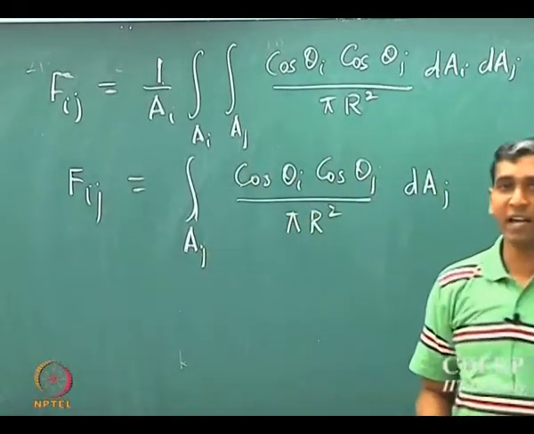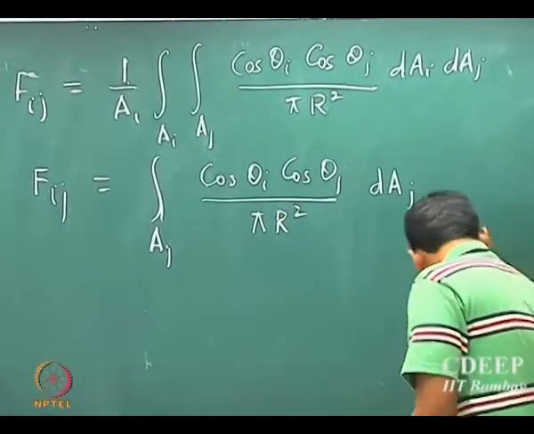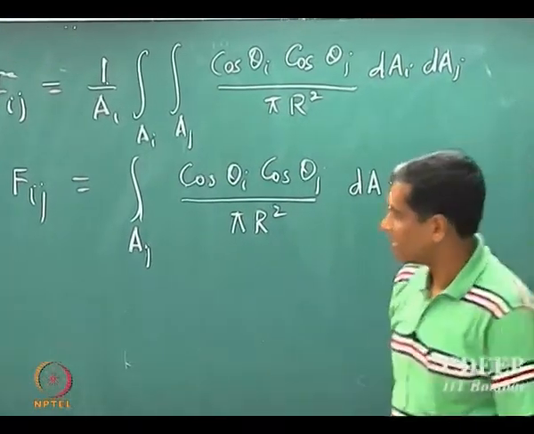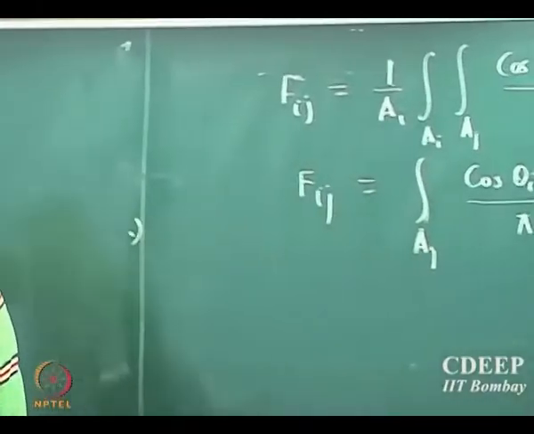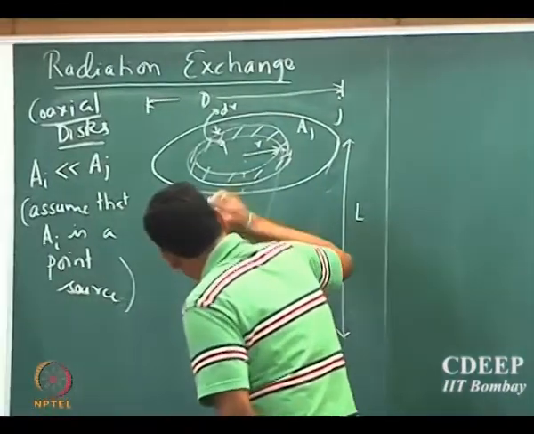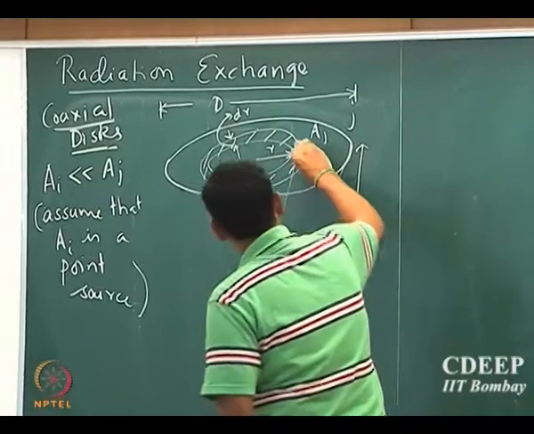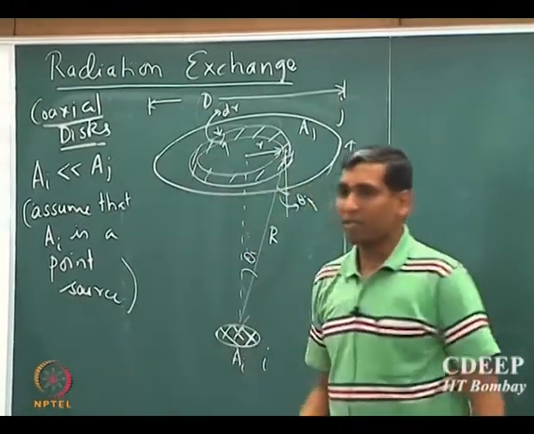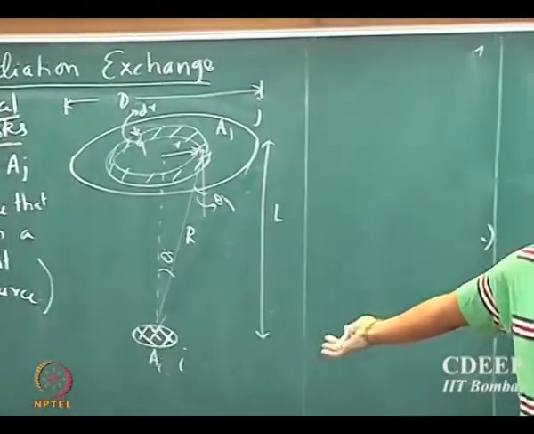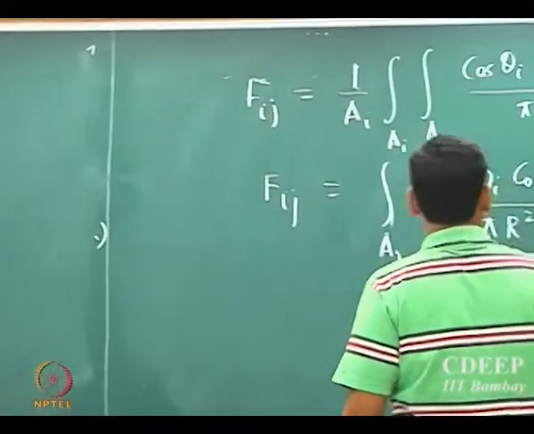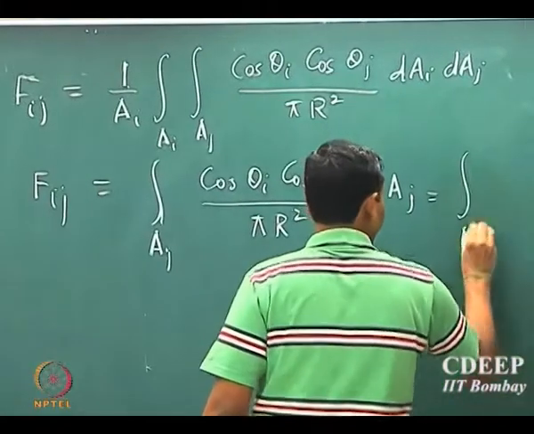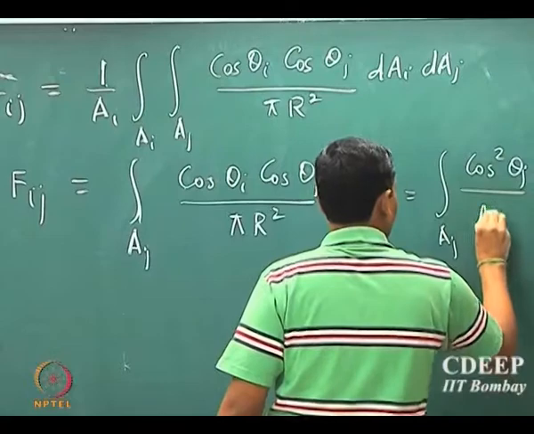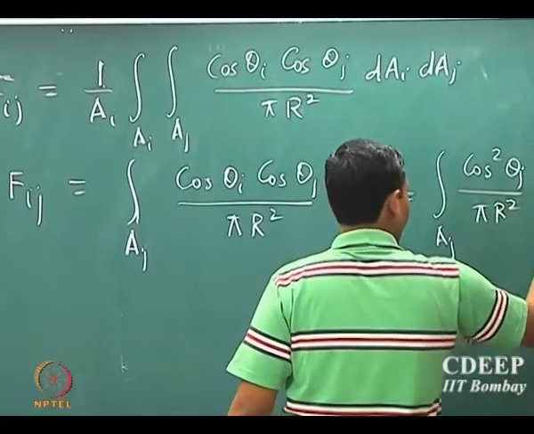What can we say about theta i and theta j? Theta i is this angle, and this is theta j. By simple geometry we know that they are one and the same, and so this will be integral over Aj of cos square theta j divided by pi r square into dAj.